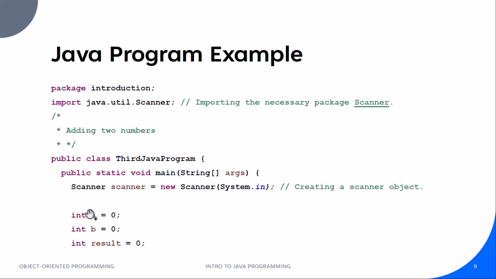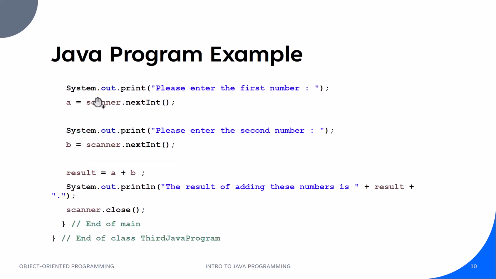And I'm defining and initializing my variables A, B, and result. Now they are all initialized to 0. And I'm printing out, "Please enter the first number," onto the screen, and then using this statement, A is equal to scanner.nextInt, to get an integer input from the user using the console.